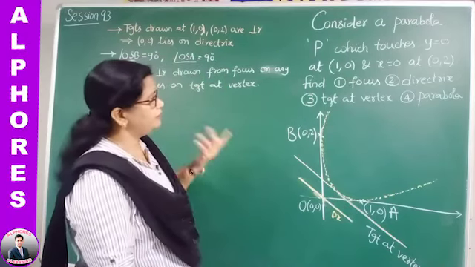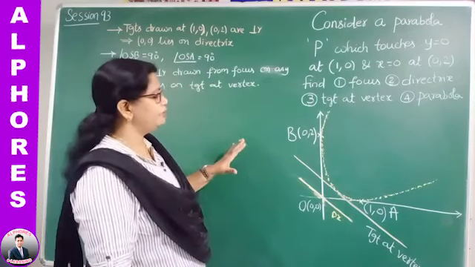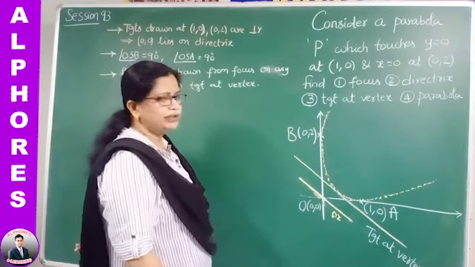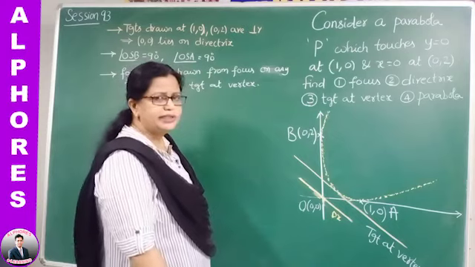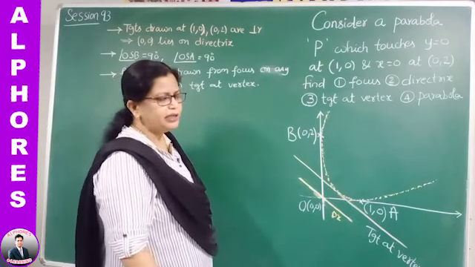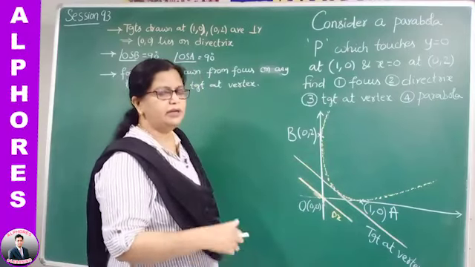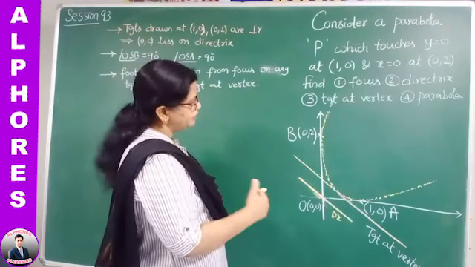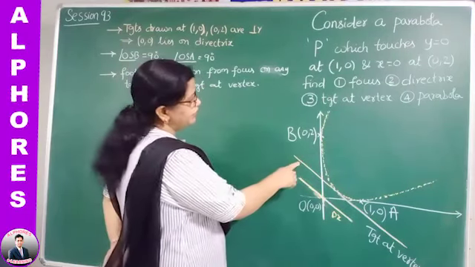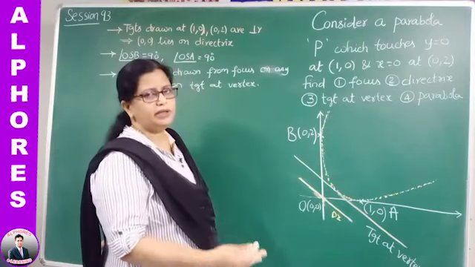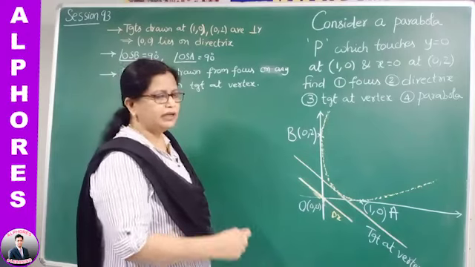Okay, so you can find them easily once you know a few values. Now how to find the focus? First of all, our interest is focus, directrix. Once you know focus, directrix, students, then easily you can get all the others. Or else if you know the tangent at vertex and axis of parabola along with latus rectum, then also you can find the remaining values.